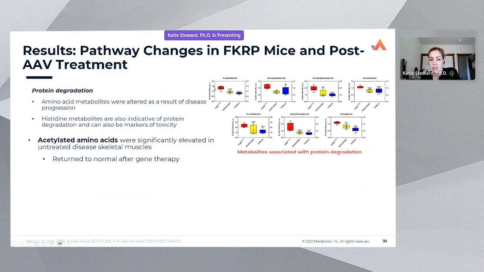You can see the differences. The red is the FKRP phenotype, the blue is the control, and the yellow is the AAV treated mice. And you can see the significant differences between the control and the disease mice, and how the AAV treatment really brought the abundances of those metabolites back closer to the control phenotype.